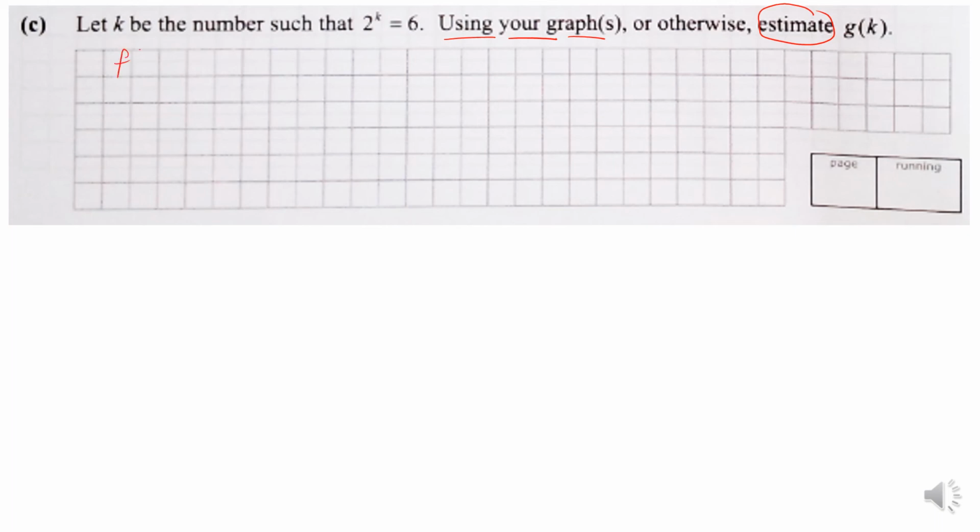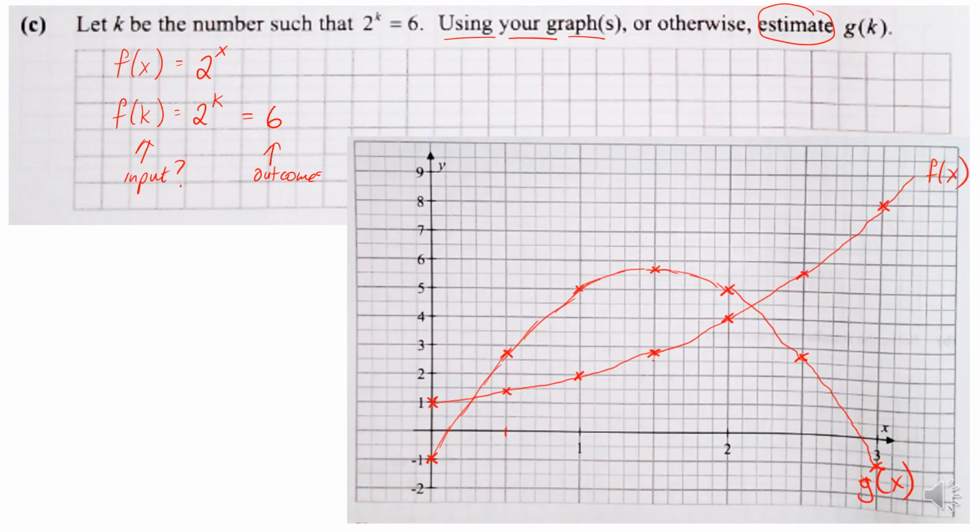Now if you remember, the function f of x was equal to 2 to the power of x. All right, now you see that k is taking the place of x as the power, and the outcome is 6. Okay, so what we're asked to look for is when the outcome is 6. So when the outcome is 6, what is the input? What is k?